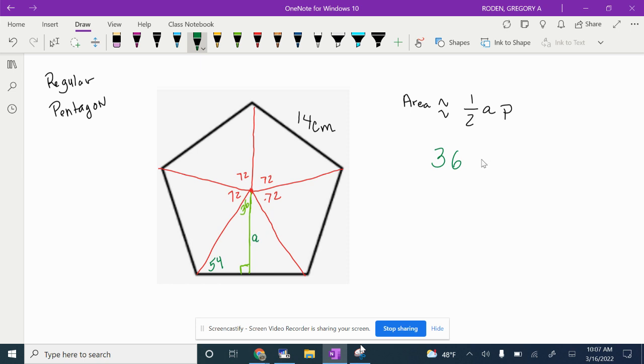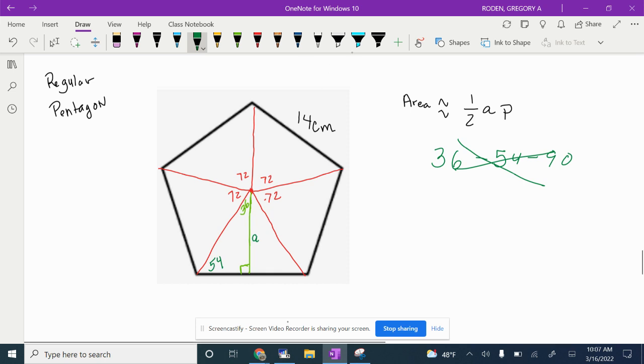Okay, there is no such rule for a 36, 54, 90 right triangle. There's no rule for that, guys. So we cannot use a rule like that. The only thing we can use here, ladies and gentlemen, is trigonometry, right?